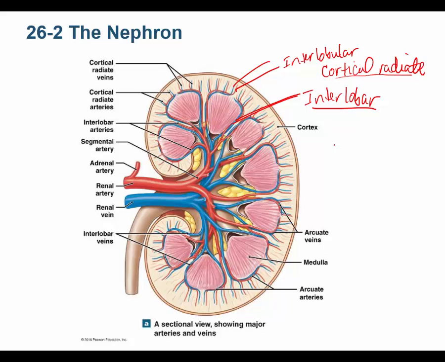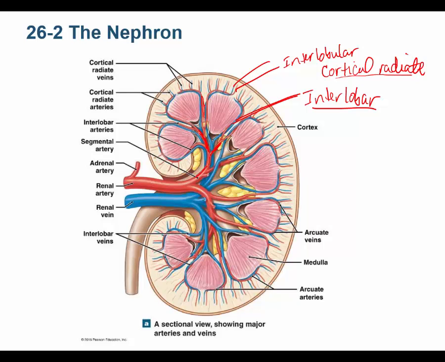Let me just tell you a couple other things so when you get to another course, it doesn't surprise you. Our book goes from the renal artery, then you have segmental arteries here, and then you have these interlobar arteries here. Now, some other books, when you have this segmental artery and it bifurcates here and here, will actually call those lobar arteries.